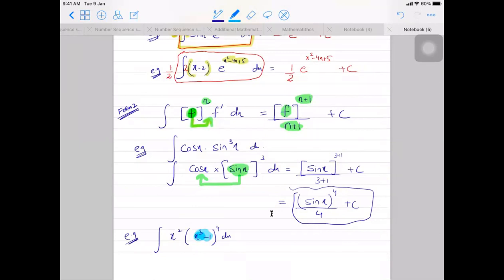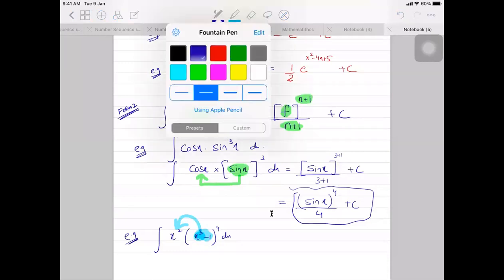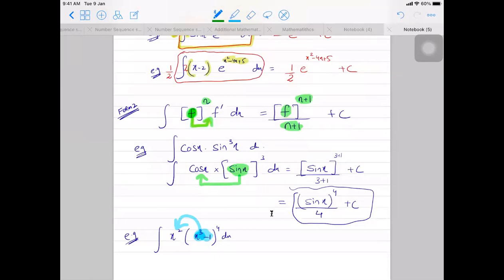Is it possible to make the term being multiplied a derivative of x cubed minus 1? What is the derivative of x cubed minus 1? The differentiation is going to be 3x squared. So I must have 3 over here so that it conforms to being the derivative of x cubed minus 1. So if I want 3 over here inside the integral, I'm going to multiply outside by 1 upon 3.